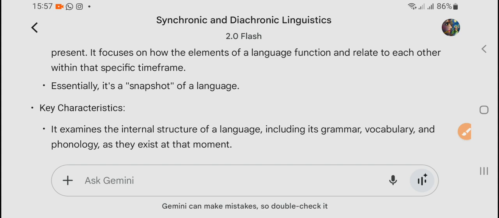So these are the different areas we studied in detail: phonology, morphology, phonetics, and then accent, syllables and all.